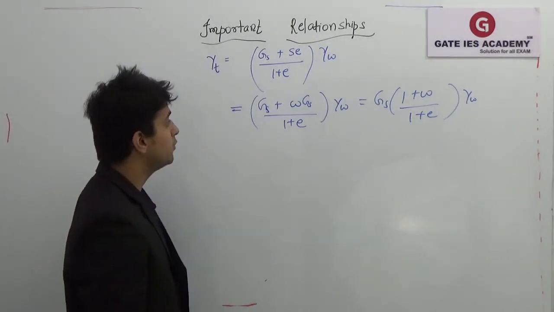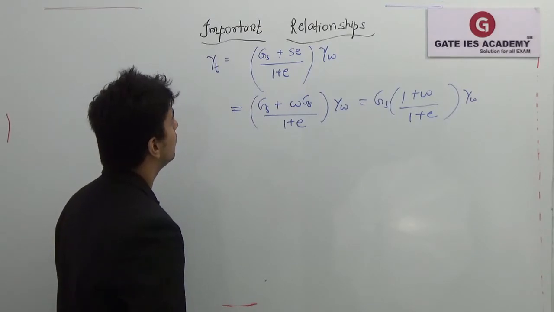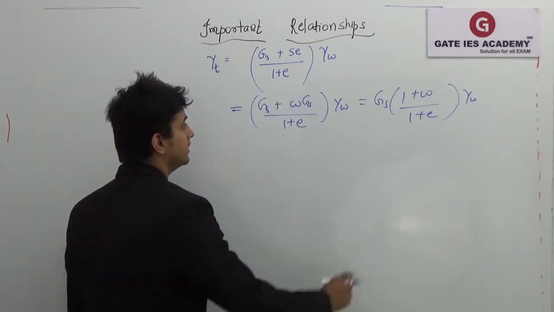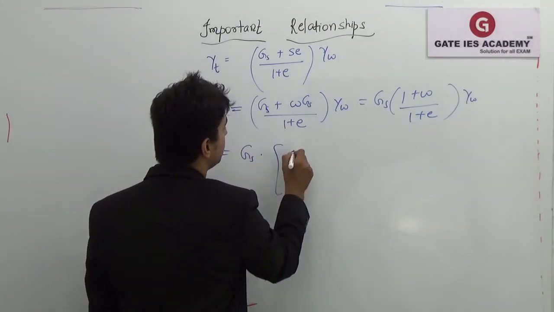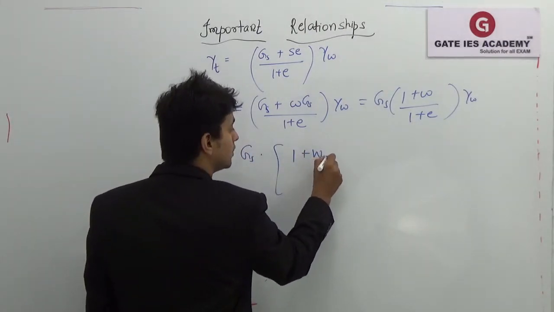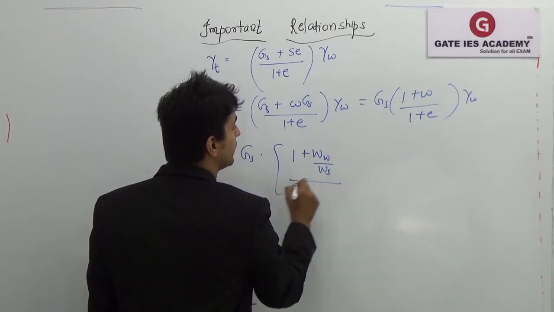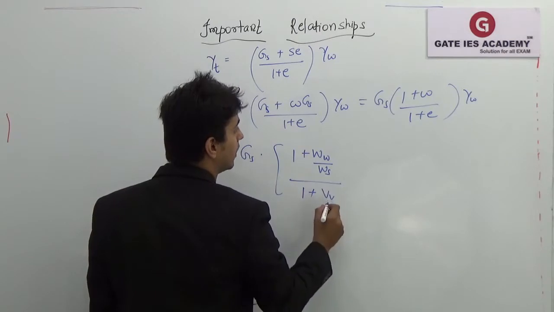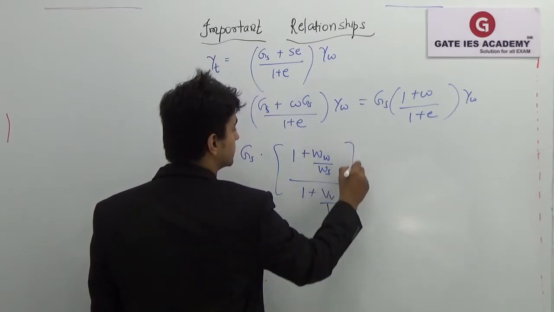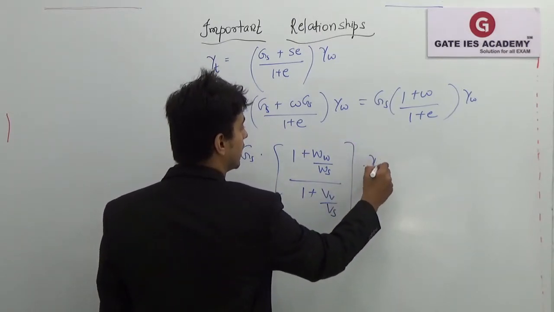Now here what I am looking at is small w. So Gs into (1 + small w) will be nothing but W, weight of water upon weight of solids, divided by 1 + volume of voids upon volume of solids, into γw.